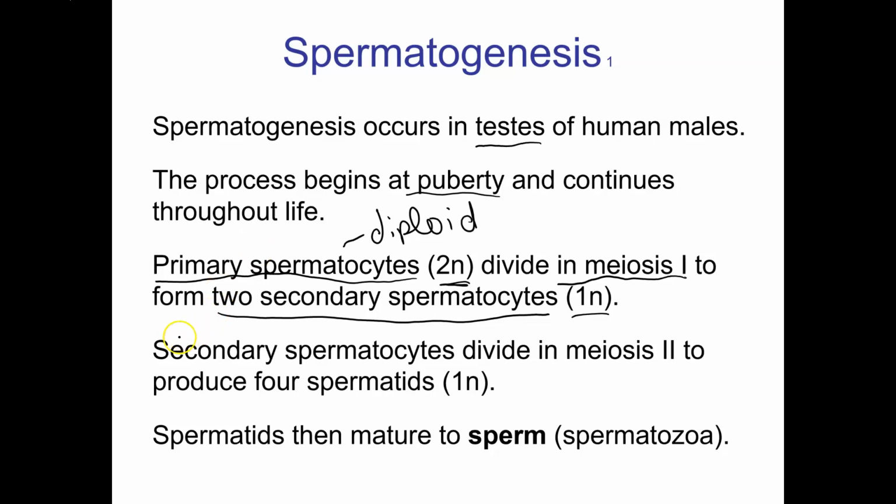Then each of those secondary spermatocytes goes through a second meiotic division, producing 4 spermatids that are haploid and not duplicated. Spermatids then have to mature to become sperm. A spermatid can't actually do anything. It's basically just a nucleus with half the DNA.